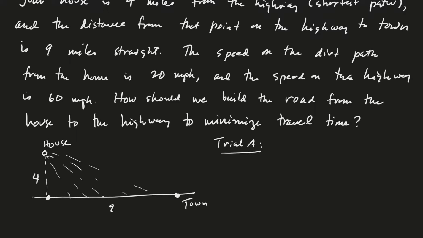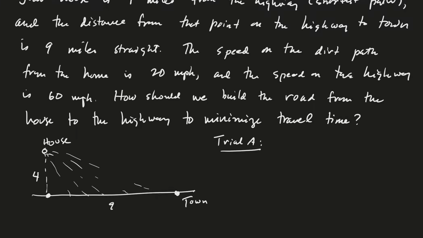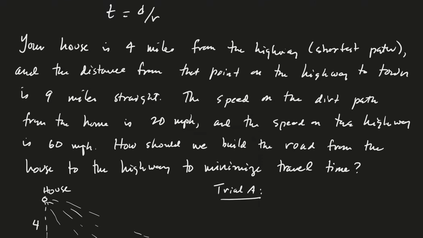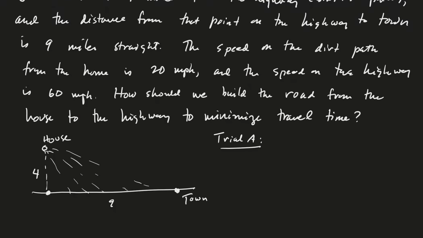And so the time in this case will be, remember, distance over rate. So we have 4 as our distance: 4 over 20 plus 9 over 60, in miles and miles per hour.